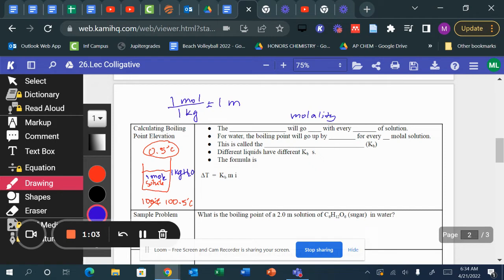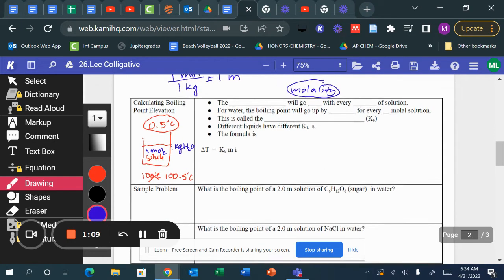M-O-L-A-L-I-T-Y, molality. So in this calculation, we will be using the unit molality. Okay, so the boiling point will go up with every 1 molal of solution.